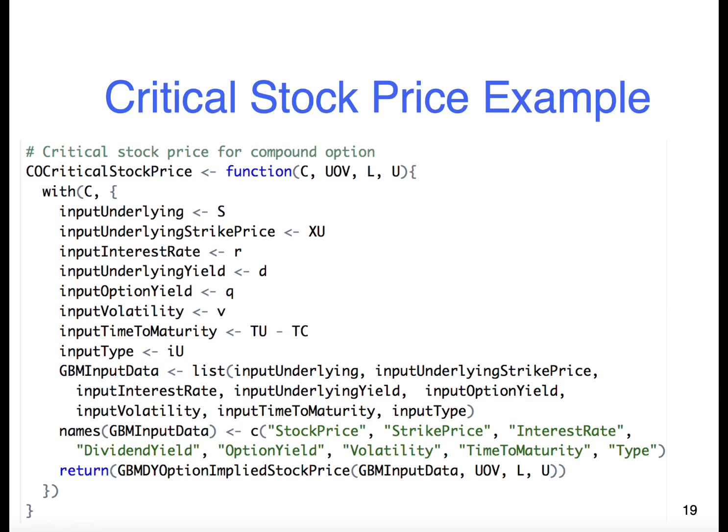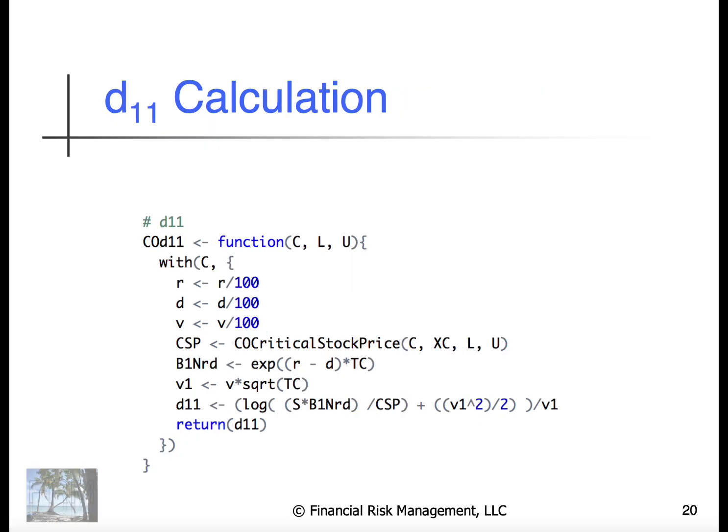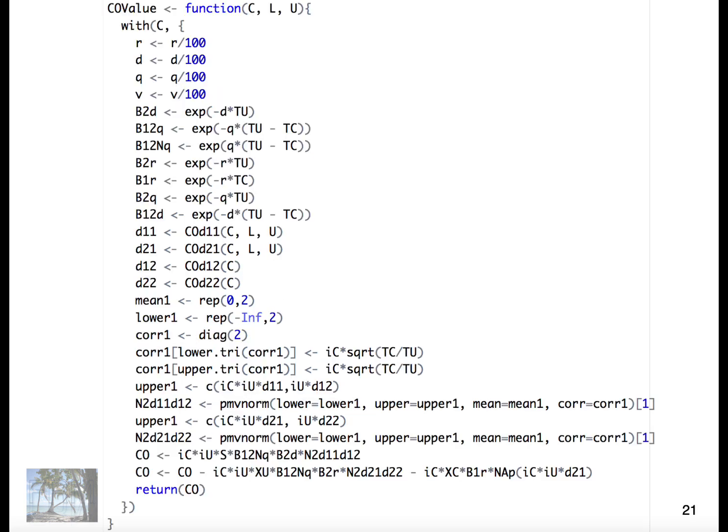The critical stock price is this S star, and the code to get to that is basically provided within the materials. And again, I don't want to take the time to go over code, but each one of the D calculations are provided. We build a function that calculates the critical stock price. We examine the results. The compound option value is simply the combination of calls to the D11, D21, D12, and D22.